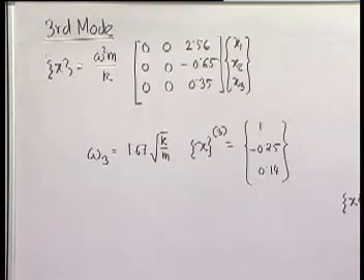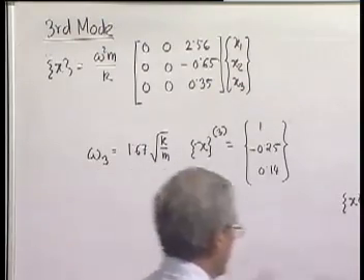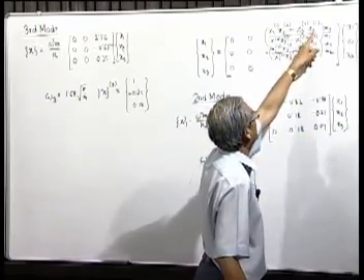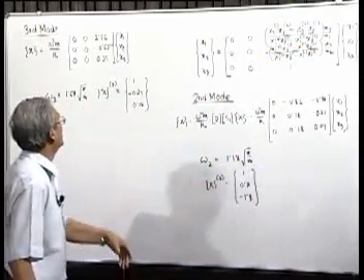Now we have to remember that we have solved the first mode and second mode. That's why we are able to calculate all these terms, because here we need both the first mode terms and the second mode terms.